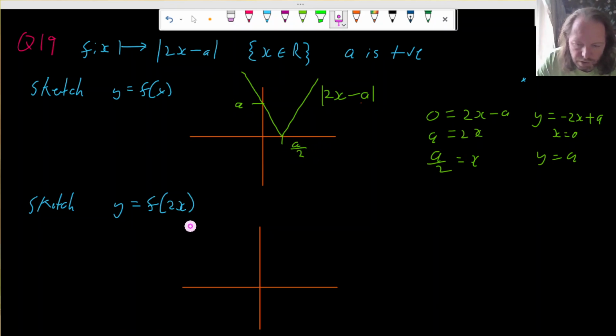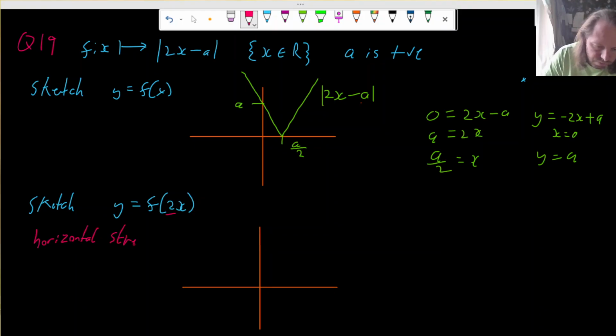What's going on here? Sketch y equals f of 2x. What does this 2 do? This 2 here gives us a horizontal stretch of a half.